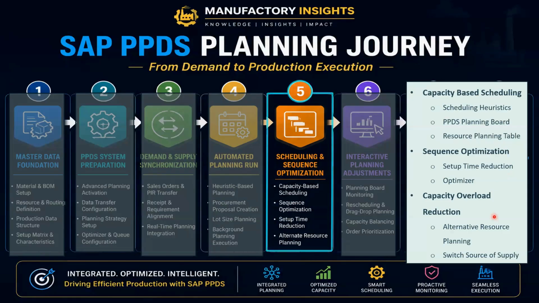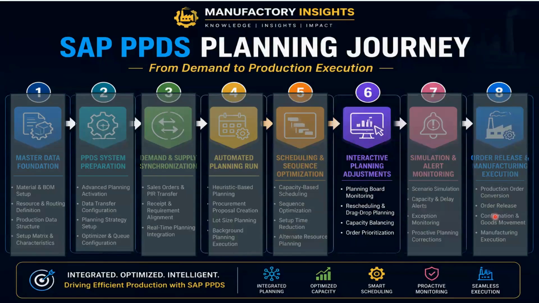To overcome the capacity overload, again from the SAP PPDS standard perspective, multiple options are available, either by using alternative resource planning functionality or switching the source of supply. You can reschedule the capacity from one particular resource to another resource if it is an alternative.